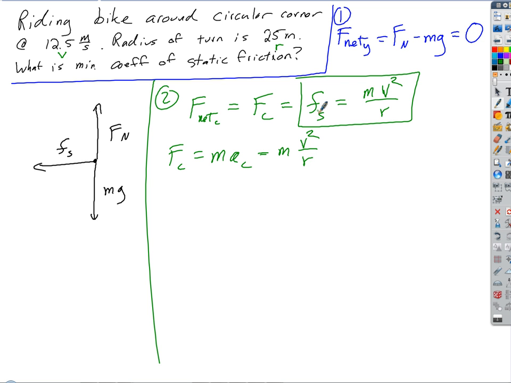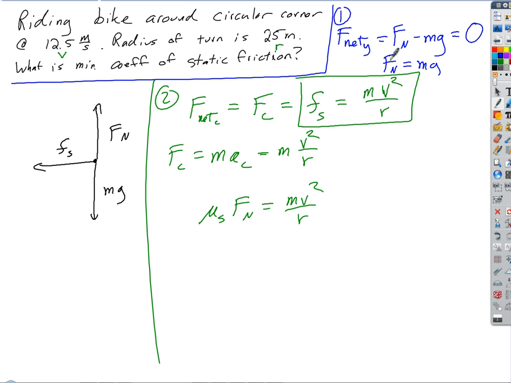And so now, somebody said it, what is our equation for a frictional force? Mu times normal force, good. So we get mu sub s times normal force must equal mv squared over r. But from our first equation up here, if I solve for normal force, what do I get? mg.